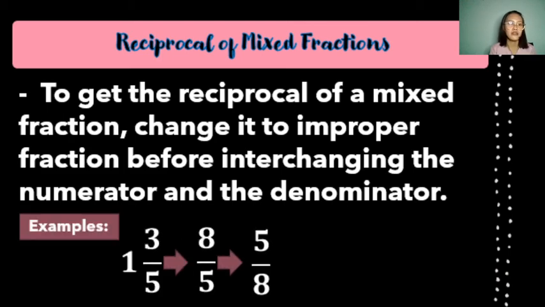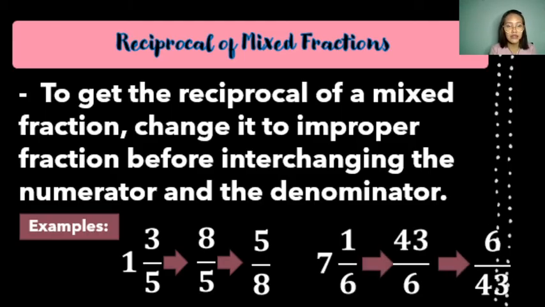So, example, we have 1 and 3/5. Getting the improper fraction of that mixed fraction, we're gonna get 8/5 and then reciprocal natin 5/8. Another example, 7 and 1/6.